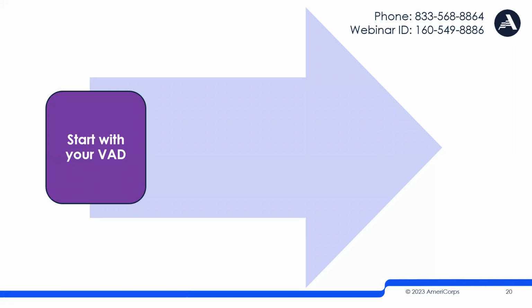But let's break it down, right? And try to take some of the stress, hopefully, a little bit out of that. In my world, when I think of work plans, I think there are 4 big phases for VISTA members. The first phase, as you can see on screen, is to start with your VISTA assignment description. Like I said, it is absolutely the alpha, the beginning of all things related to your service year.